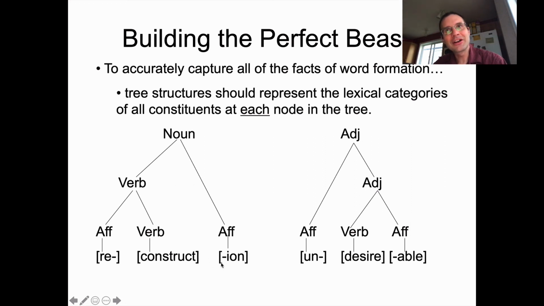So you can have a construction, but a reconstruction is not a construction that happens again. You can reconstruct it, or you can construct something more than once, which is why you can take this verb and make it a verb. But on top of that, you can add ion to change the verb into a noun, but you can't add it to a noun and get another noun.